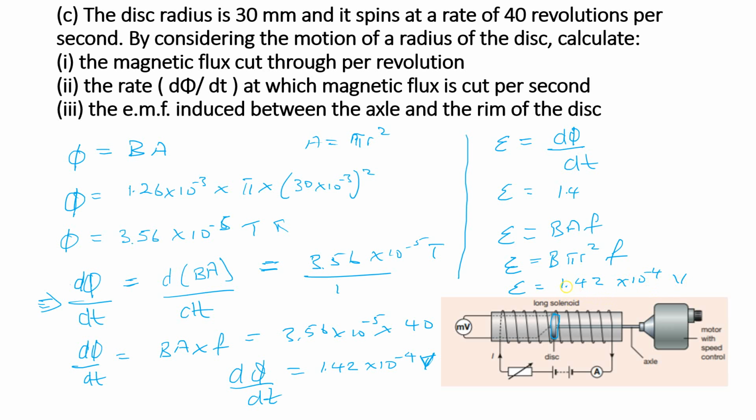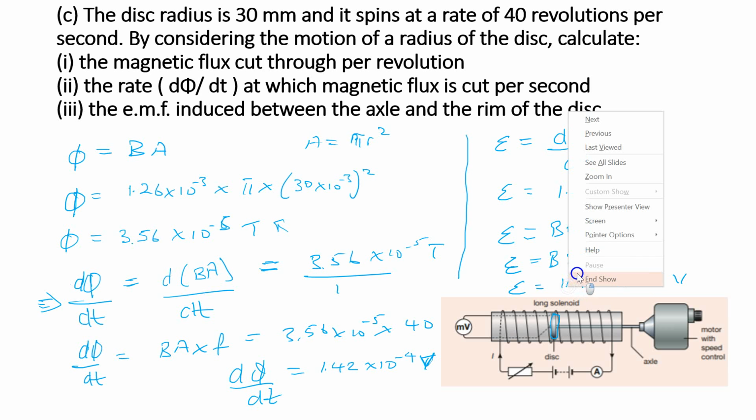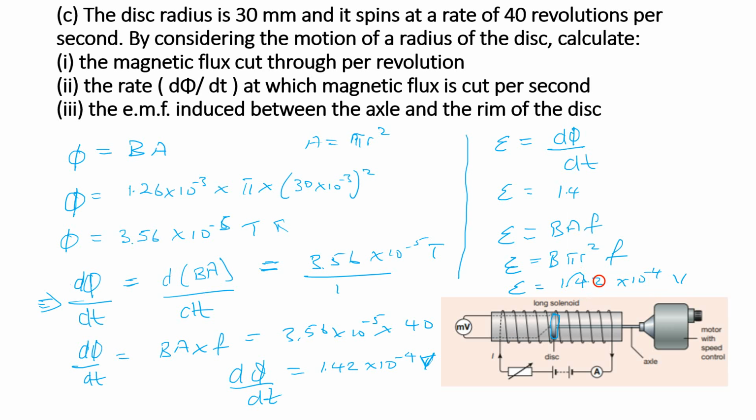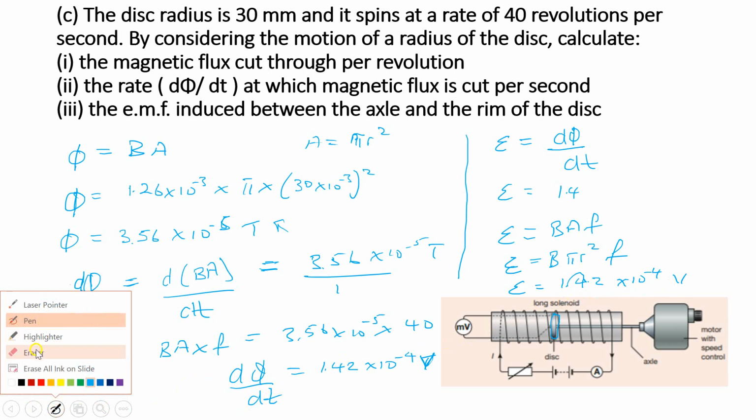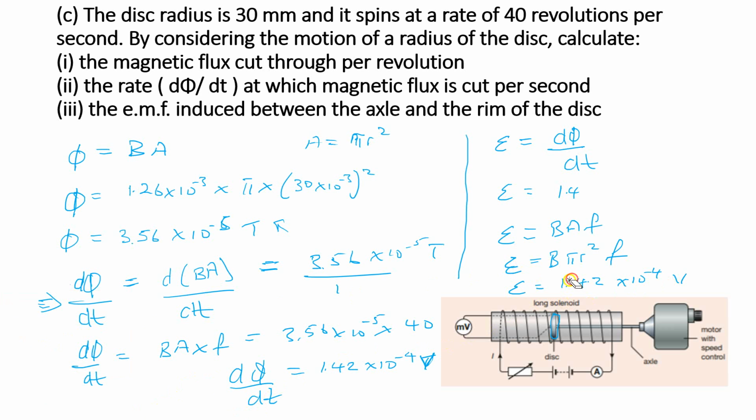So if I move the decimal point, I have to move it to the left, and then I'm going to plus 1 to the power. So let me just fix that. If I move the decimal point to the left, I now have E is equal to 0.0142 millivolts.